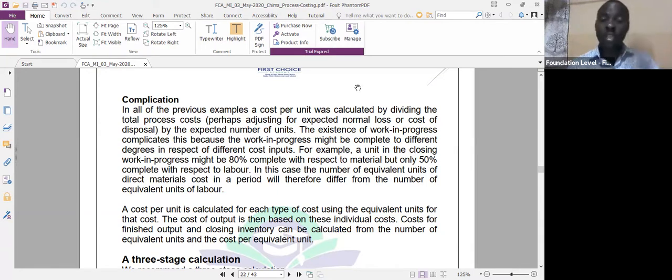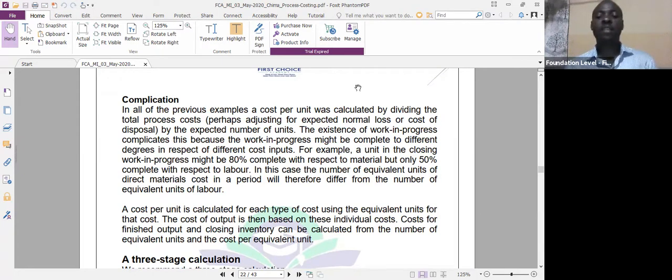So we calculated total cost divided by expected number of complete units. Now, the existence of work in progress will complicate the whole thing, because work in progress might be complete to some certain degree in some inputs and different in some other inputs.